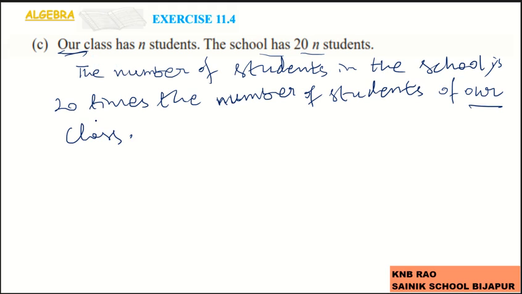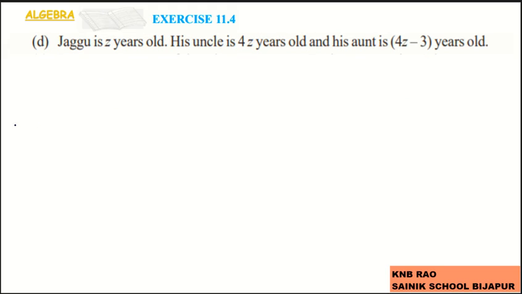Next, coming to sub question D: Jaggu is z years old. His uncle is 4z years old and his aunt is 4z minus 3 years old.